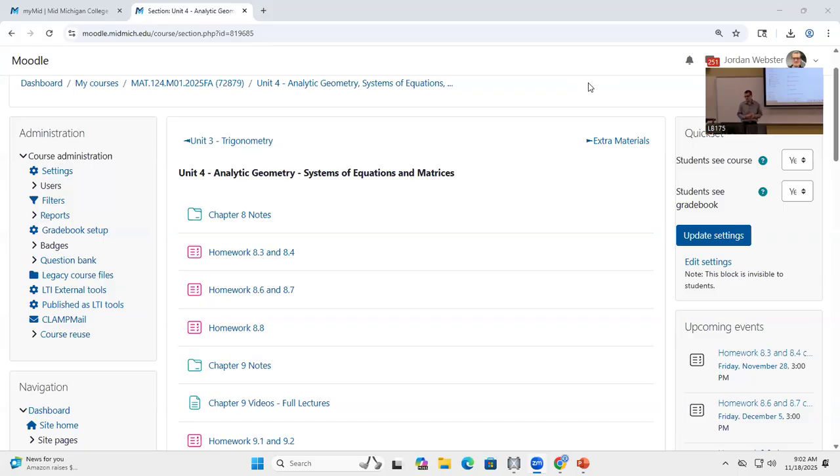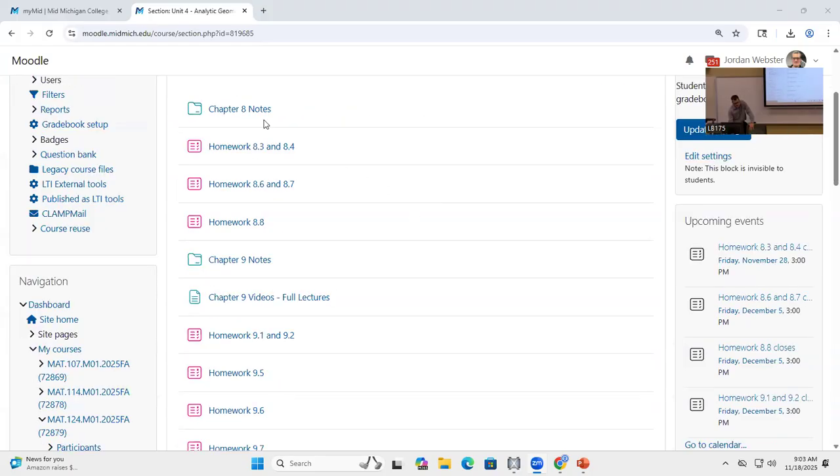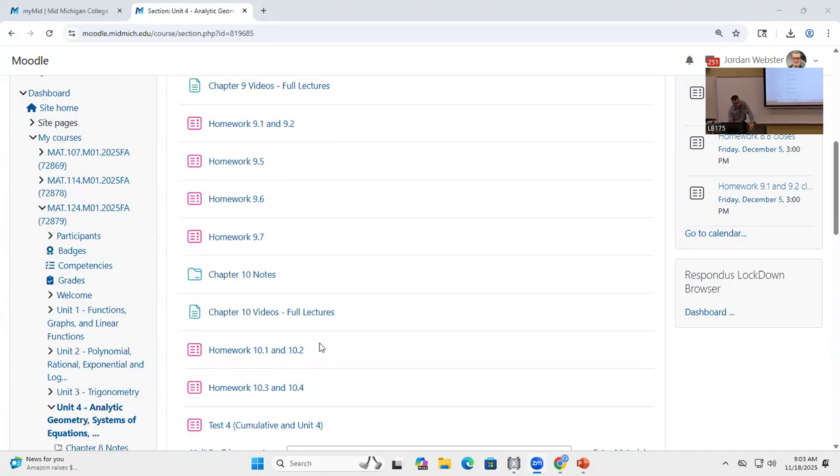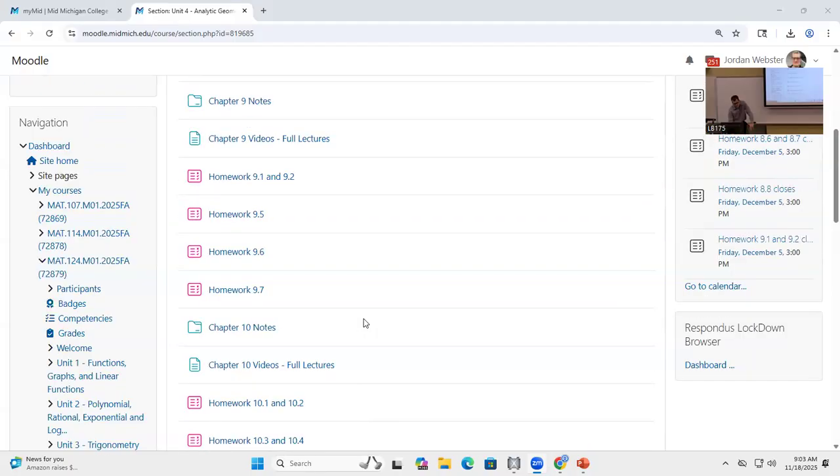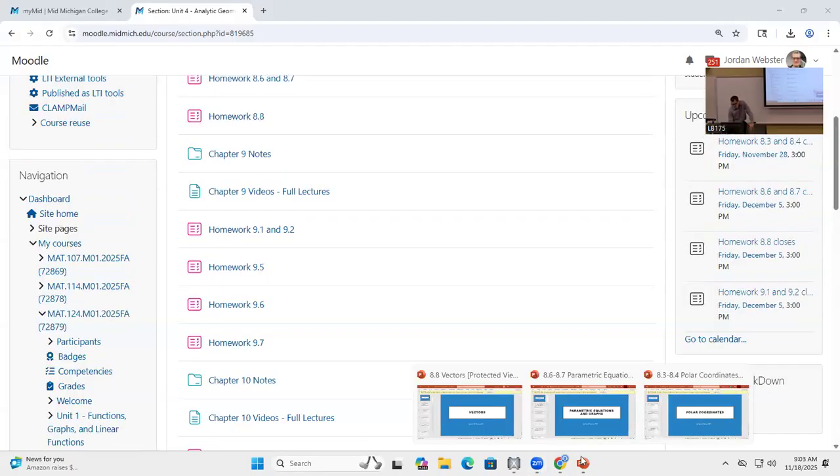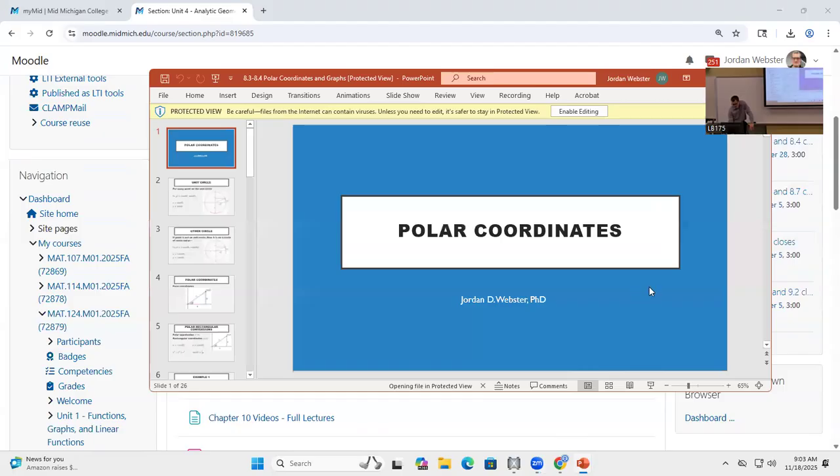So it's 3 different topics, and it spans 3 chapters. There's chapter 8, chapter 9, and chapter 10. Okay, we'll get through as much as we can in the next few weeks.